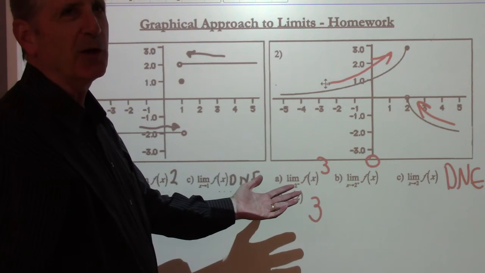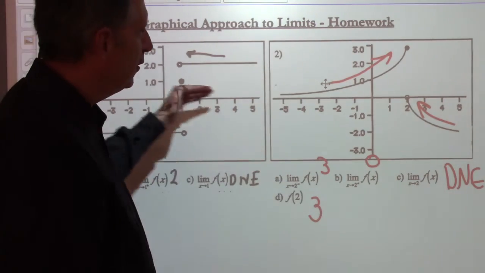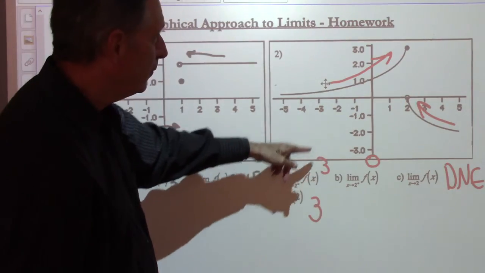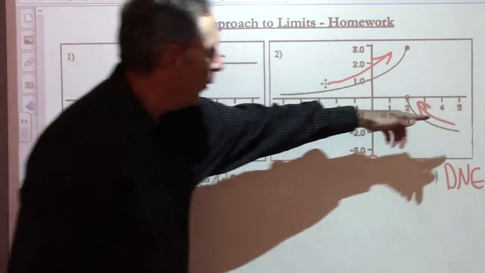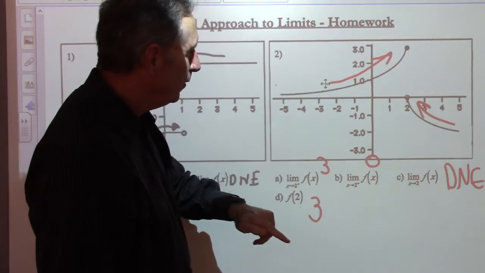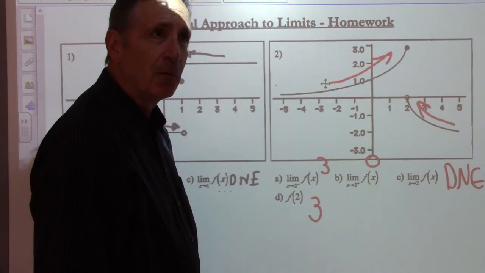Because what have you been doing in your mathematics career? You've been going left to right, which you do for the left side limit that Hannah got here, but for the right side limit, you have to come this way. I didn't understand that one. I thought it was going the other way.